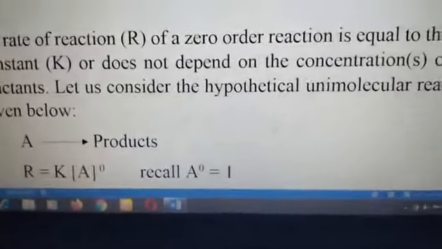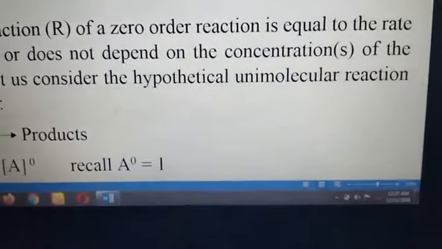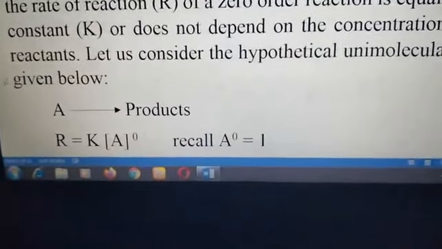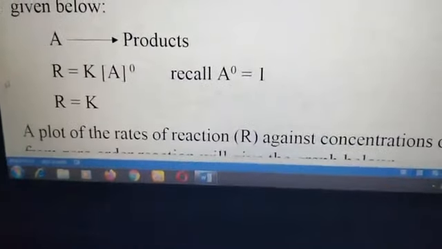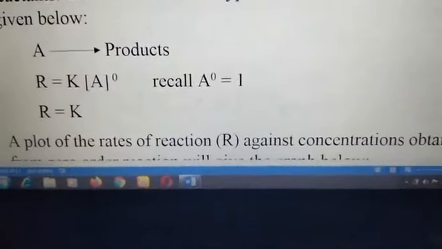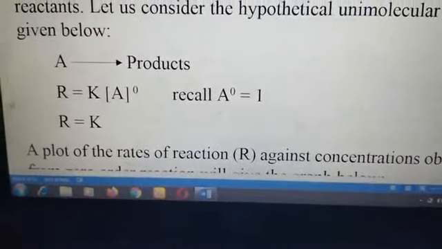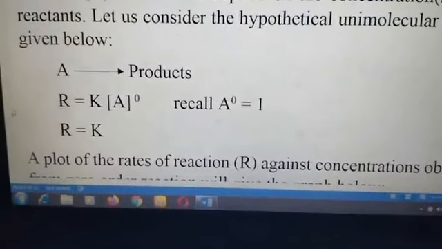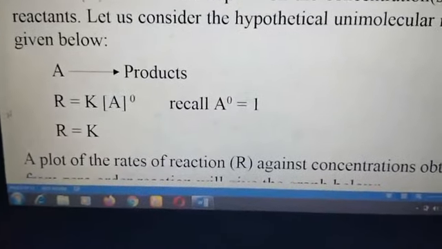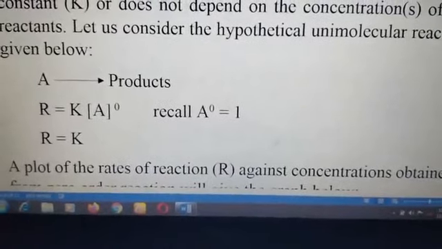So let us consider the hypothetical unimolecular reaction given below. Look at that reaction that involves only one reactant, that is 1 mole of A. Any reaction that involves only 1 mole of the reactant is called a unimolecular reaction.